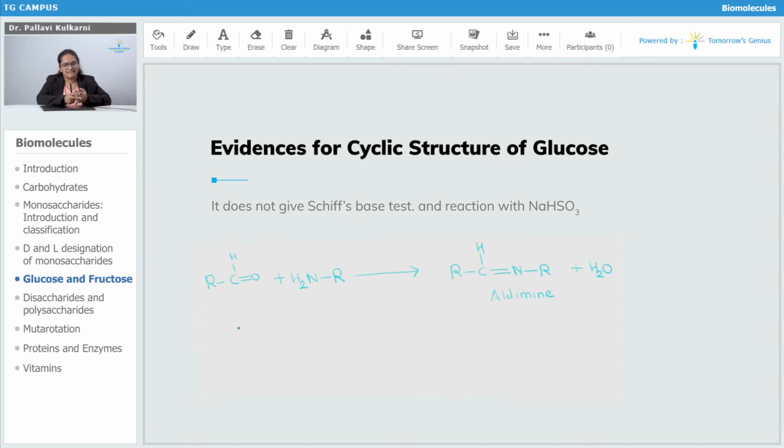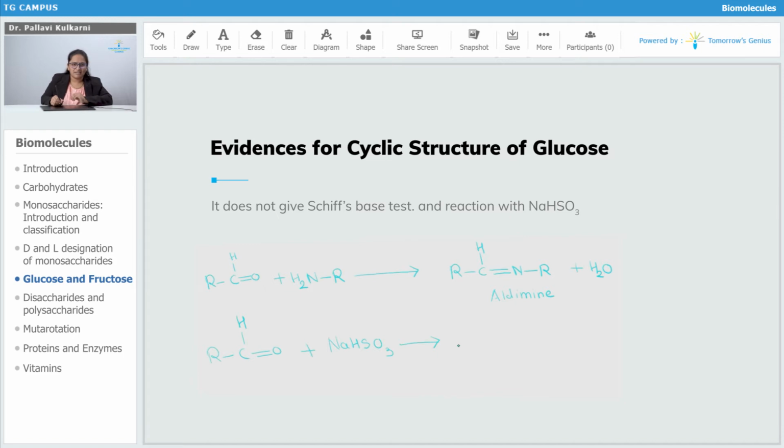is not free. Similarly, let us see the general reaction for sodium bisulfite. For that purpose also, I am taking a general formula for aldehyde, RCHO. R can be anything. Whenever we treat this with sodium bisulfite, it gives the bisulfite addition product.